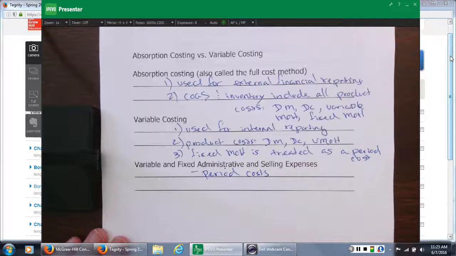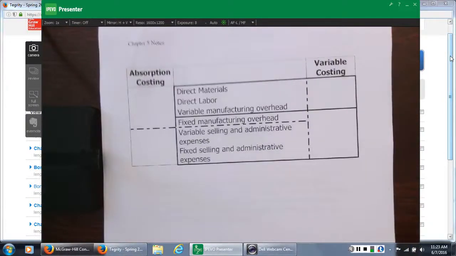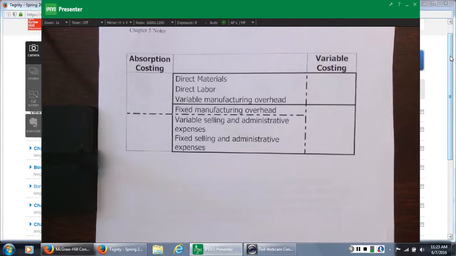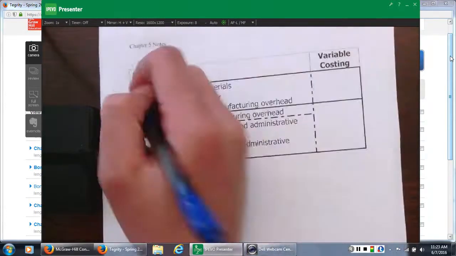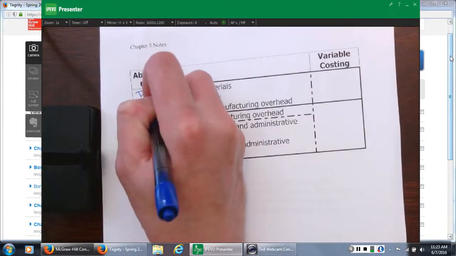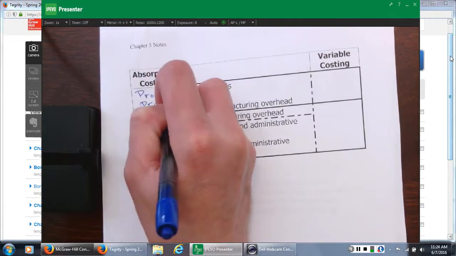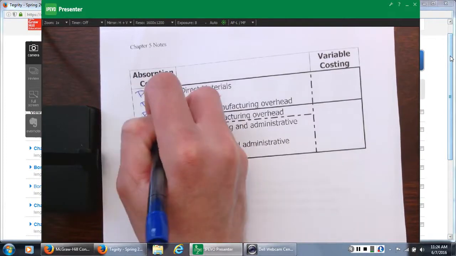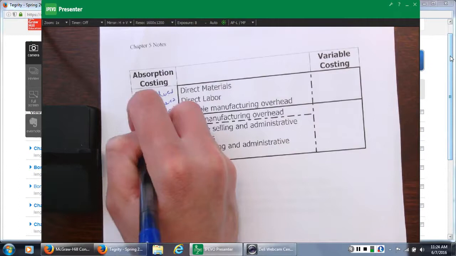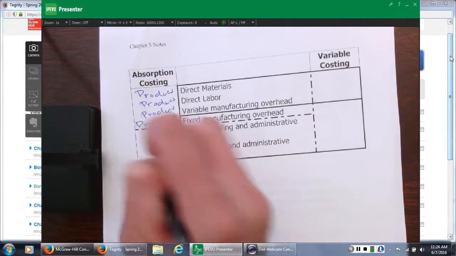All right. So if we look over here, we can even see a little bit. This is just kind of graphically showing the differences, and so we can look over here with full costing. These are product costs. That's product. This is product. So is this. And then these are all period.